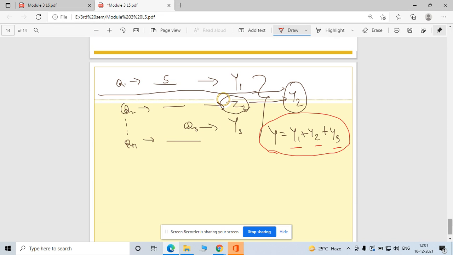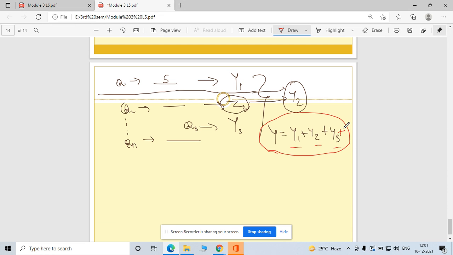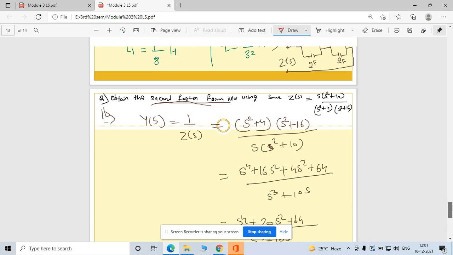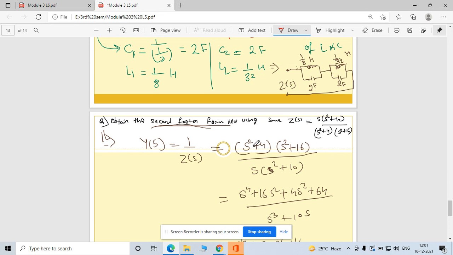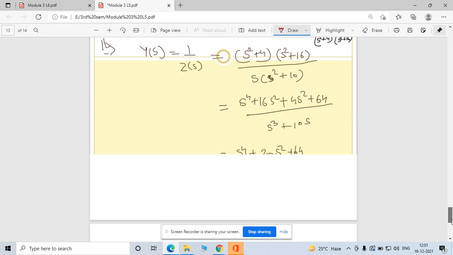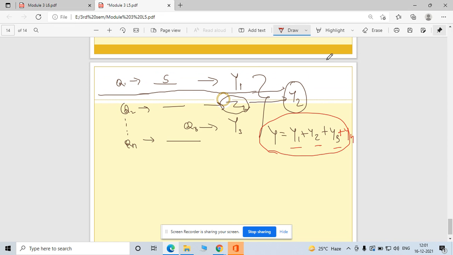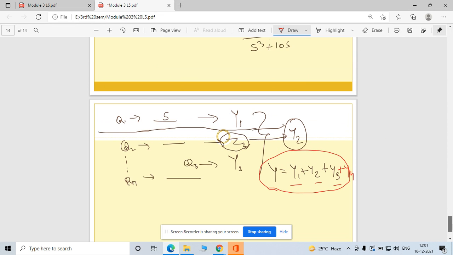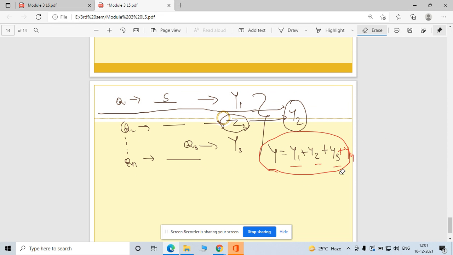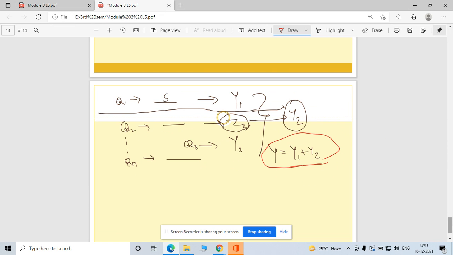So I can say that one more Y4 term is also there. Now see, in your original circuit, the highest power of s is s power of 4. So there are a total of 4 energy storing elements in your circuit. Sorry, not 4 admittances, there are 2 admittances you will get from 4 elements. There is a combination of these two.